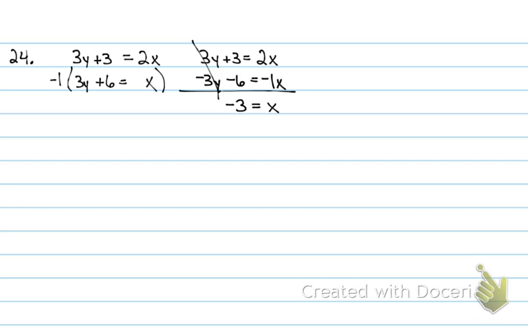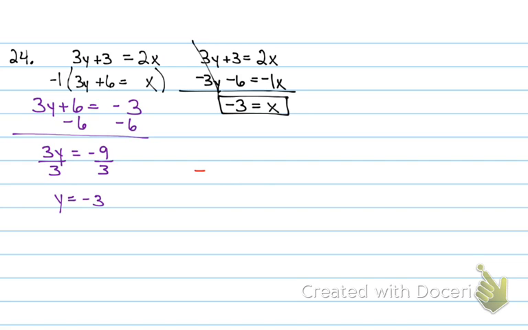But now how do I find y? Plug it back in for x in one of the original equations. It does not matter which one. 3y plus 6 equals -3. Subtract 6 and divide by 3. And there's your answer. Okay?